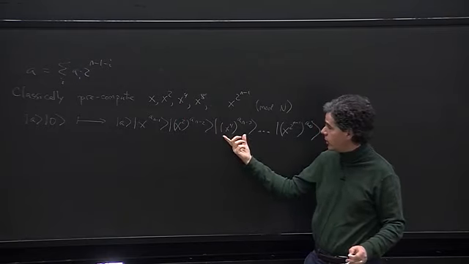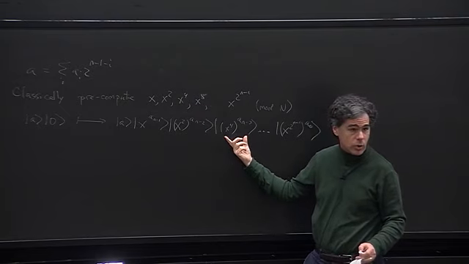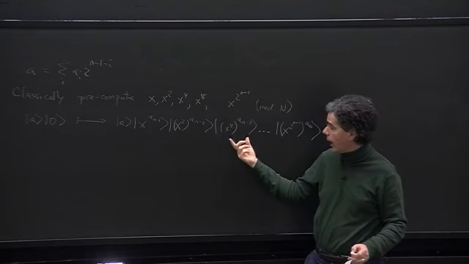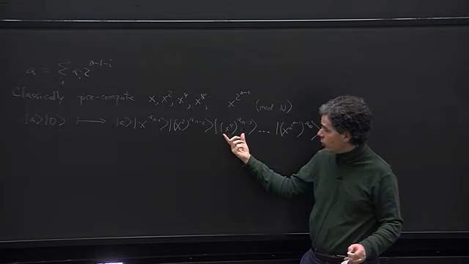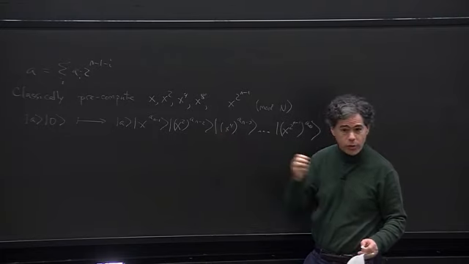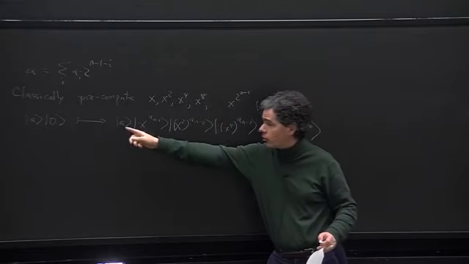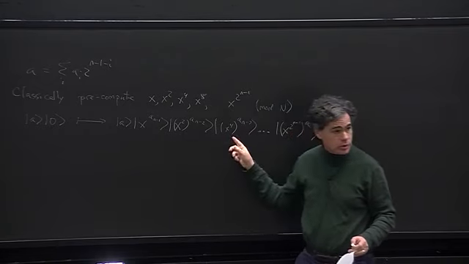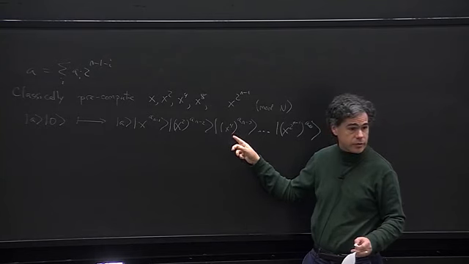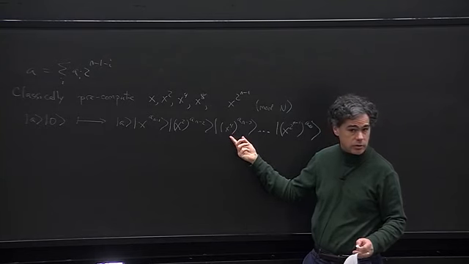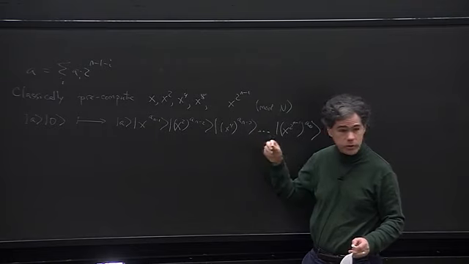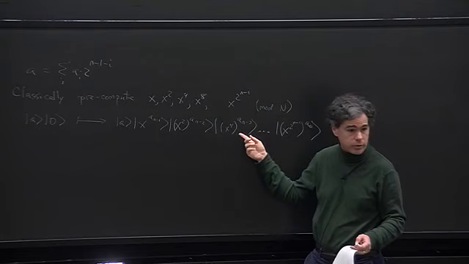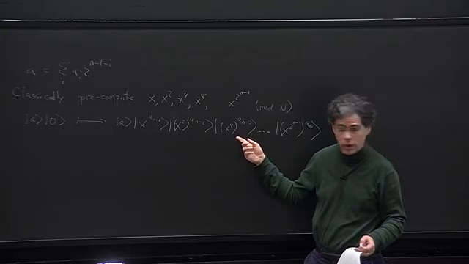Each of these things is going to be longer than 1 bit long, because it's a number mod big N. So whenever x to the fourth has a bit 1, we're going to do a controlled NOT from the corresponding bit of a_{n-3} to that location in this register. If a_{n-3} is 0, nothing happens. We get all zeros. And if a_{n-3} is 1, we get x to the fourth. That's what we want. Okay? And so we do that for each of these.